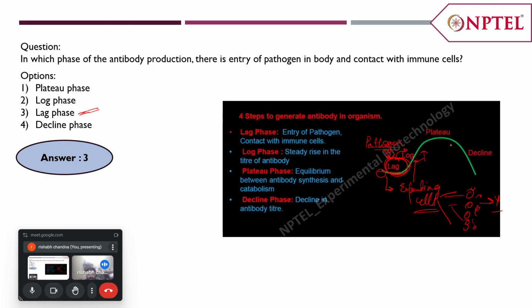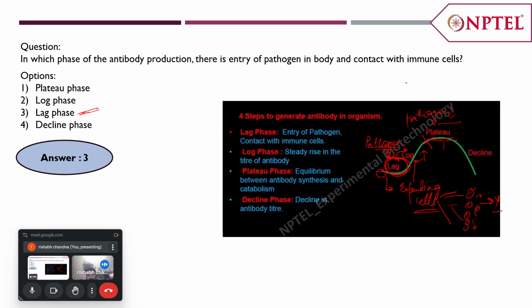Now there is a plateau phase, that means the stationary phase. When the body recognizes that the pathogen amount has gone down, we have to limit our production of the antibody. So the production of antibodies is limited by degradation.